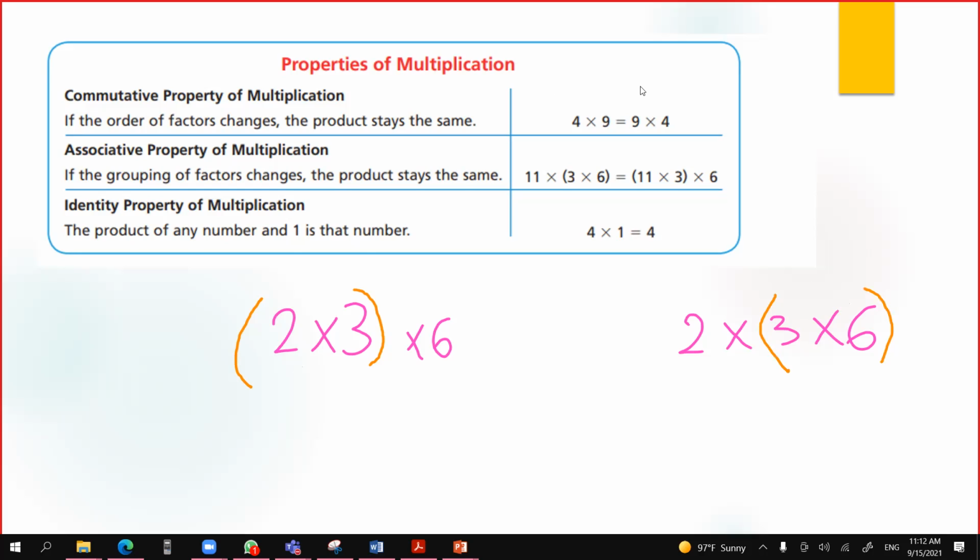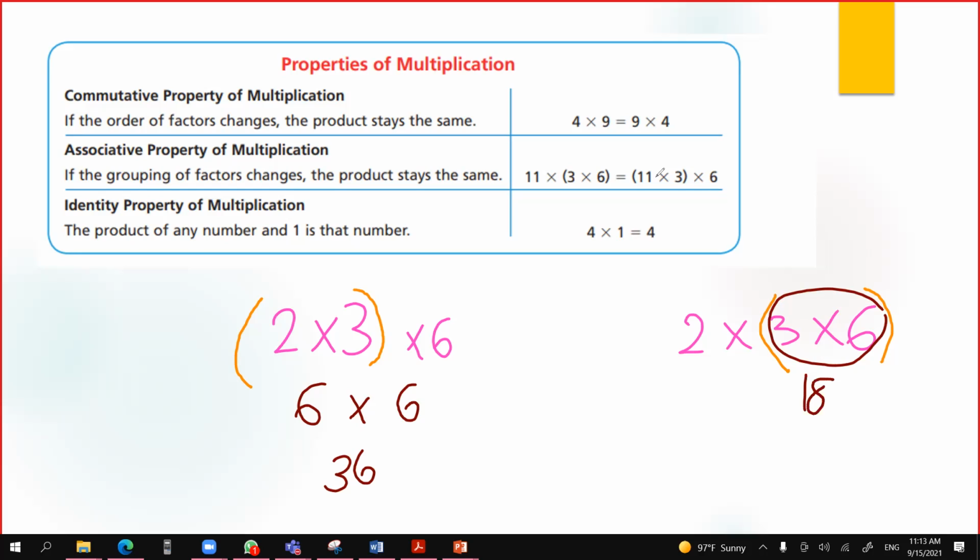Let's see here. 2 times 3 is 6. 6 times 6 is 36. The second one now. 3 times 6 is 18.